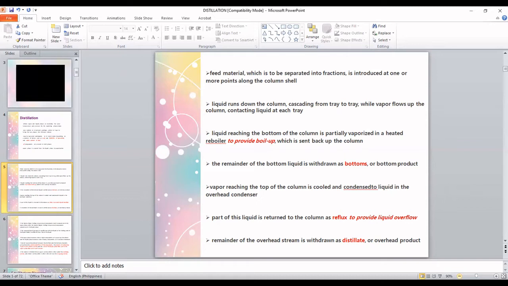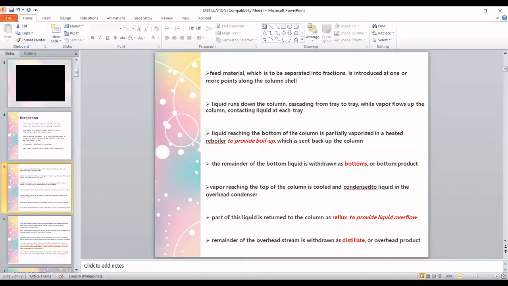But in some processes, the bottoms product is also processed further to produce other materials from it, and as such, it is also referred to as a product. So the liquid that was not turned into vapor is called the bottoms liquid. It's collected as the bottoms liquid or bottom product.